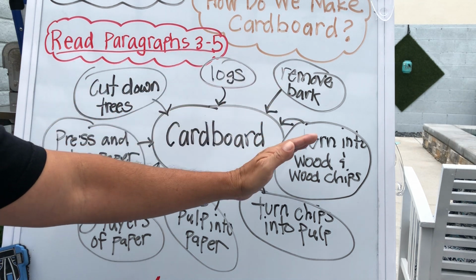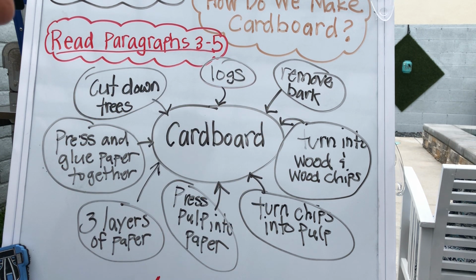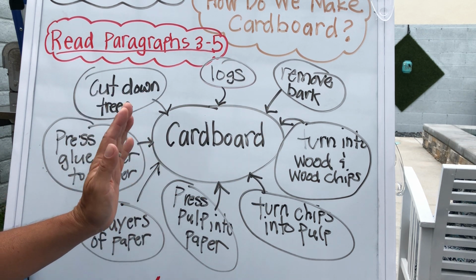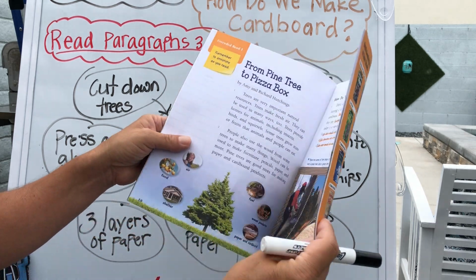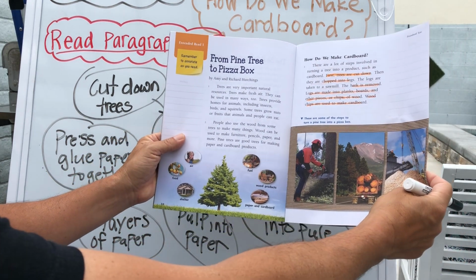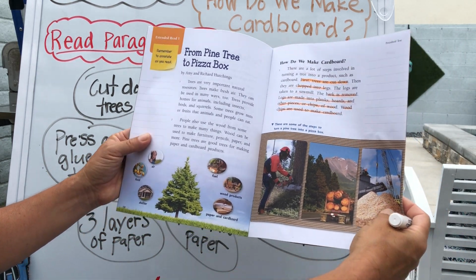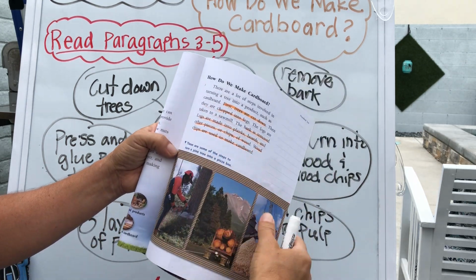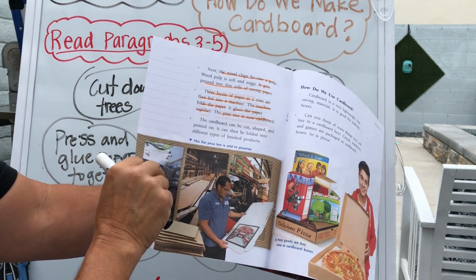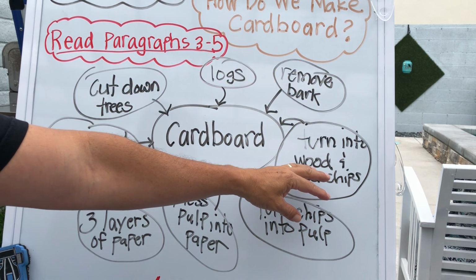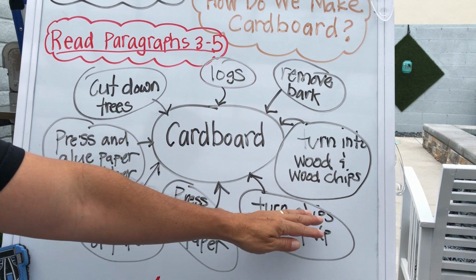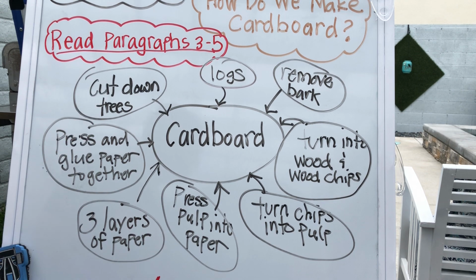So this is what you need to do today, boys and girls, when you go home. You need to generate ideas or write down ideas after reading our source. So remember, our source was called From Pine Tree to Pizza Box. You want to read paragraphs 3, 4 and 5, and find all the little details that help show how to make cardboard. Okay?